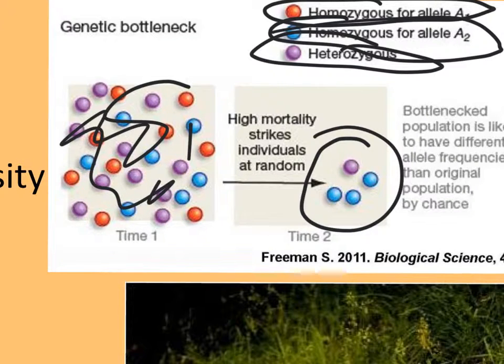This is called a population bottleneck. The frequency of these different genotypes is much different than the frequency of the original population. That means we've lost a lot of alleles. In fact, there are no more red alleles or orange alleles at all. There was some catastrophe that lowered the population size. That's all that's left.